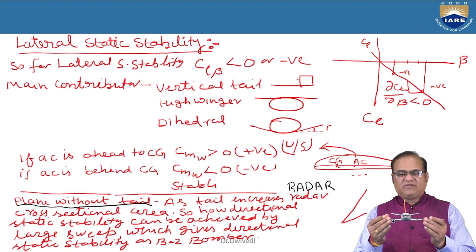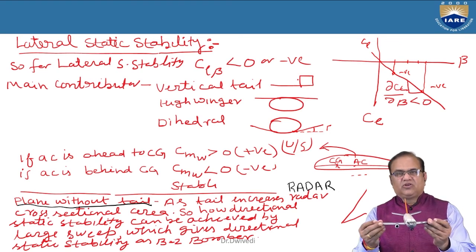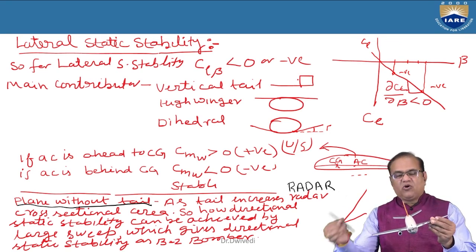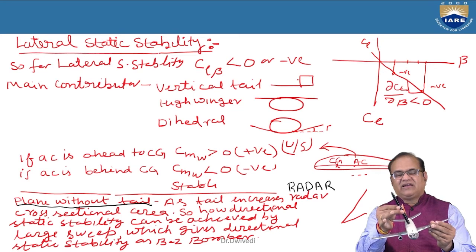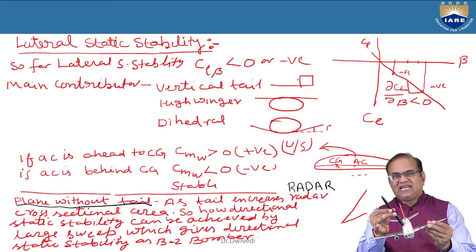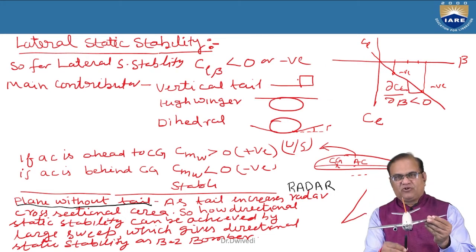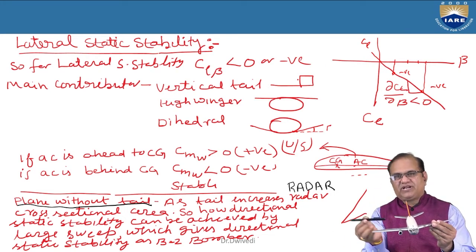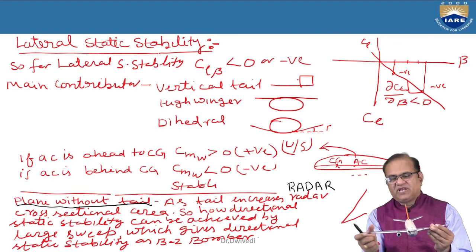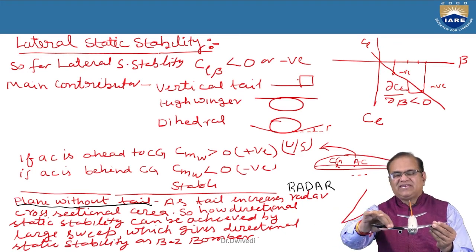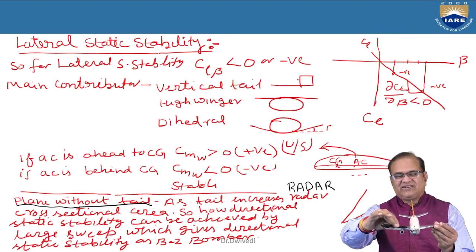You see that the aircraft is flying like this. So you have rolled. By rolling this aircraft, the net lift is tilted towards the roll. The vertical component of this will support the weight, and the horizontal component will try to drift the aircraft. Due to this drifting, a sideslip is generated.